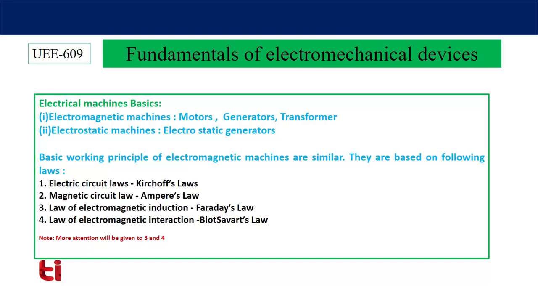The basic working principles of electromagnetic machines like motors, generators, transformers are similar. They are based on the following laws: electrical circuit laws, Kirchhoff's current law, Kirchhoff's voltage law, then magnetic circuit law, Ampere's law, Faraday's laws of electromagnetic induction, then Biot-Savart's law. We will focus more on the third and fourth laws to explain the working of motor, generator, and transformers.